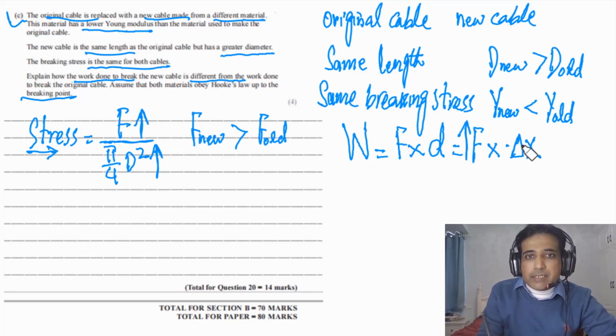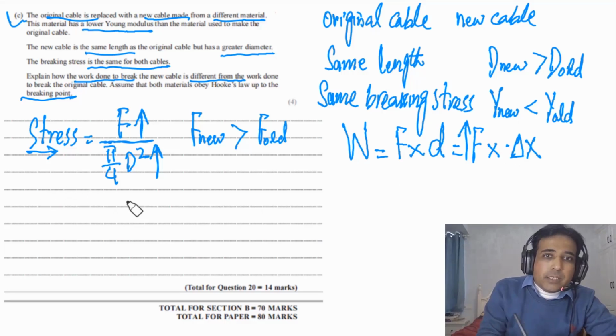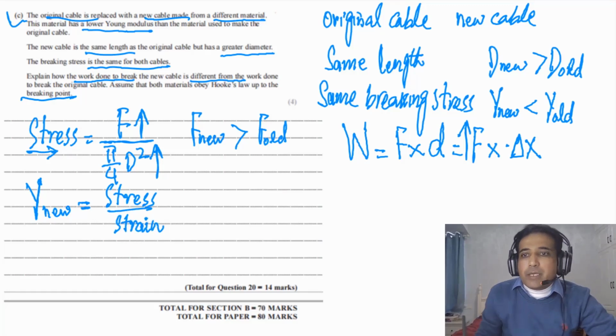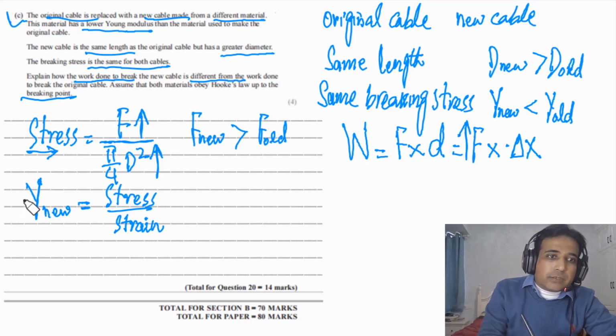Now we need to find out the value of extension. To find extension, we can use Young's modulus, the new value of Young's modulus. Young's modulus is equal to stress over strain. For this question, it is given to us that the new value of Young's modulus is lower.